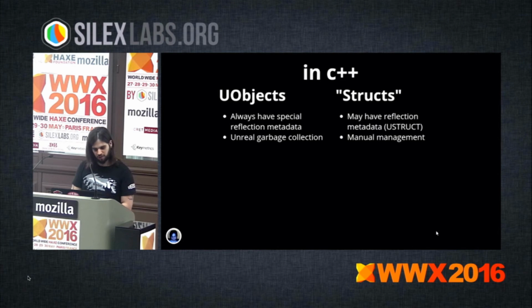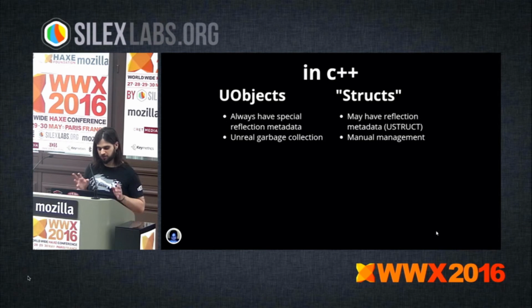UObjects use Unreal's own garbage collection system, and this garbage collection works basically with the uProperty metadata. A UObject is only considered alive if it's being referenced by a uProperty field on another alive object in Unreal. So it's a very constrained garbage collection system.